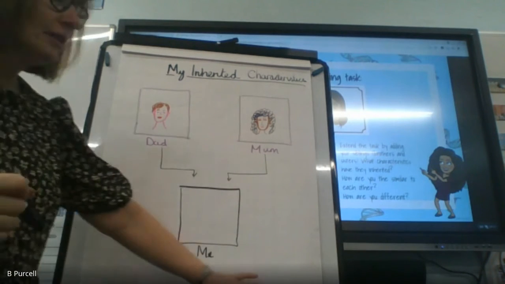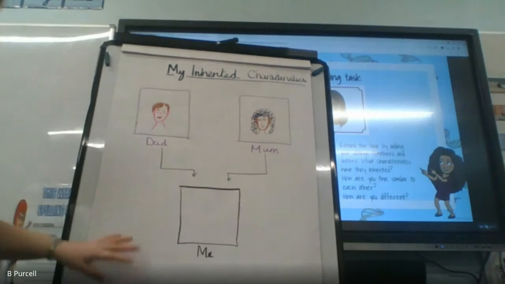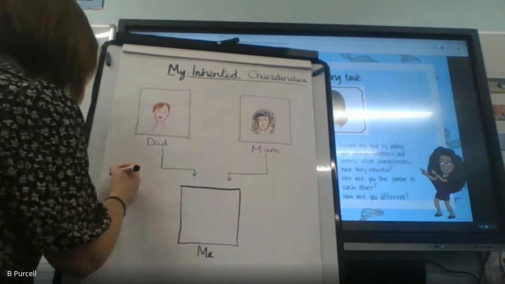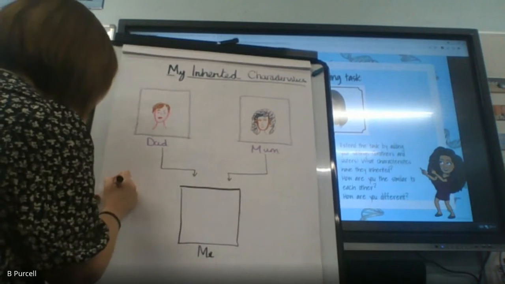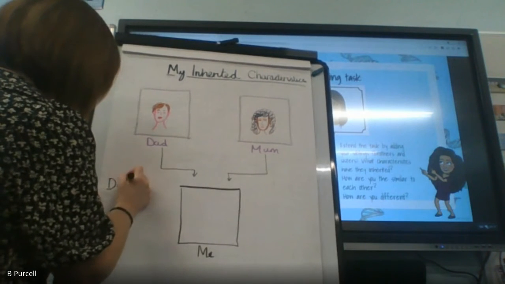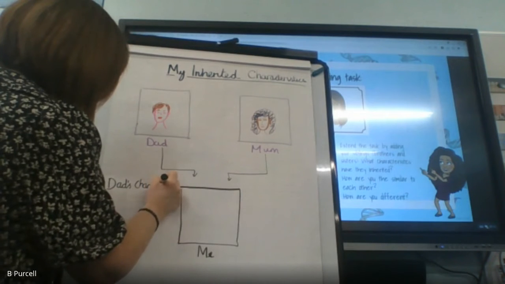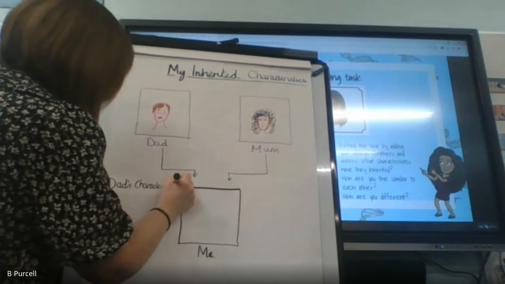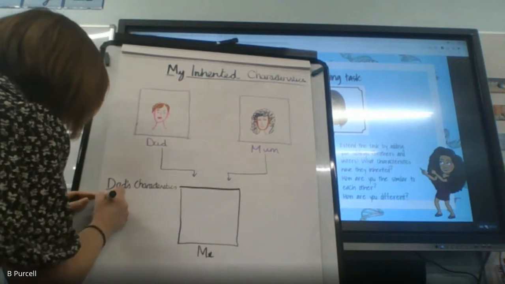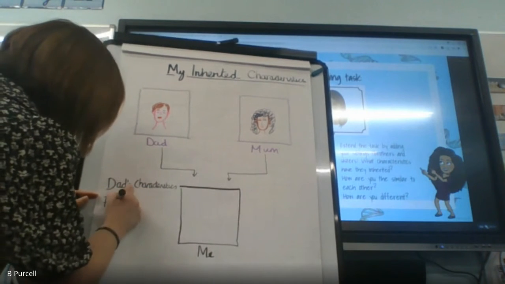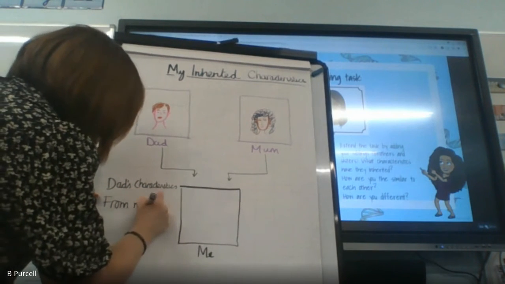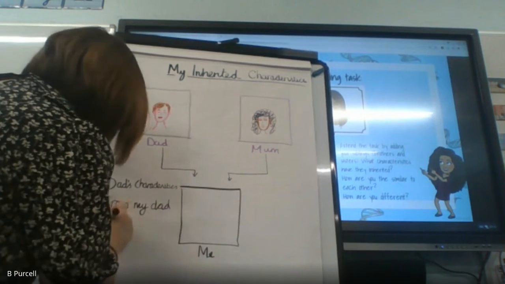Then, depending on how much space you've got, you can do it underneath or at the side. I'm going to put Dad's characteristics. And then I'm going to start on my dad.